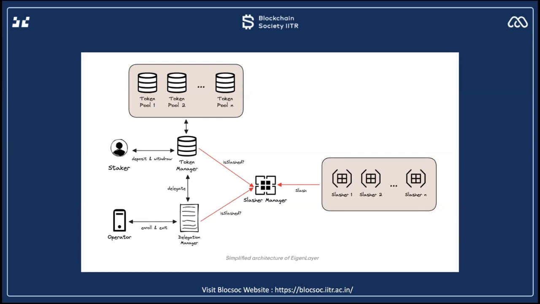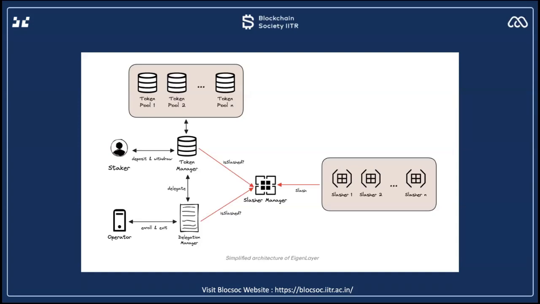And then there is a slasher manager, which, as the name suggests, is responsible for verifying whether the slashing conditions are met. So if an operator is malicious, someone will raise an event on the slasher manager. It will re-execute the operation, and if it deems the operator to be malicious, it will slash its assets.